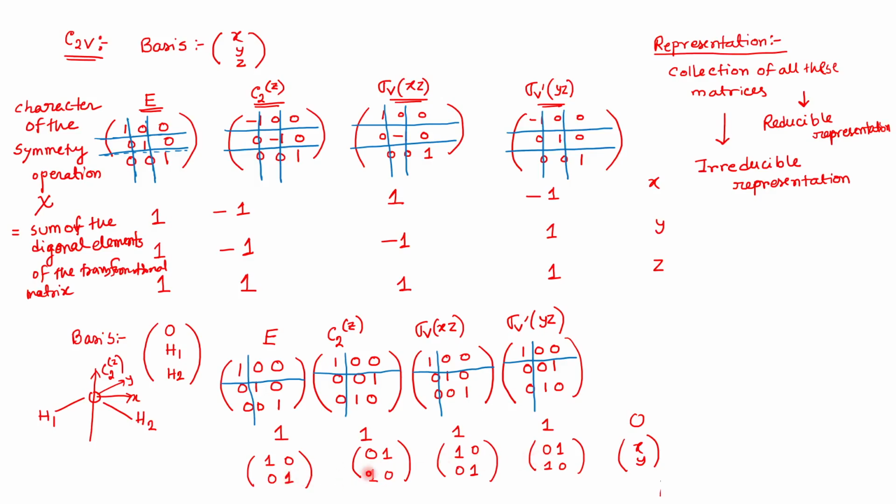You don't know yet if this is a reducible or irreducible representation. And you can see that when you are changing your basis set, your representation is changing. Obviously the totally symmetric one means 1 1 1 1 here, so this is called the totally symmetric representation.